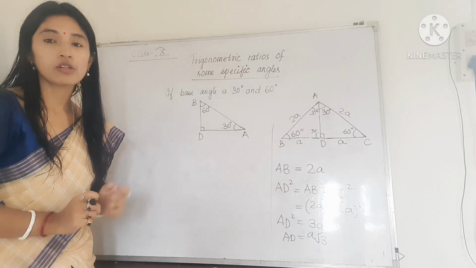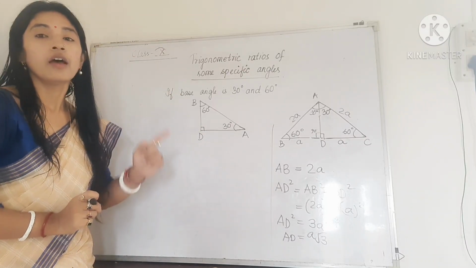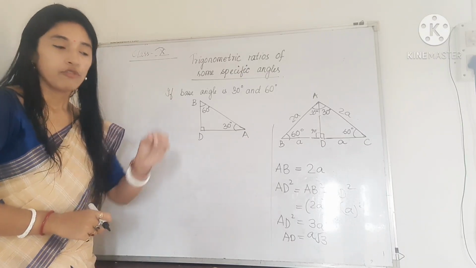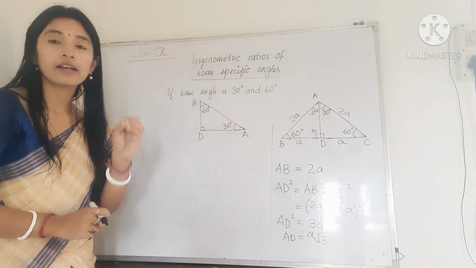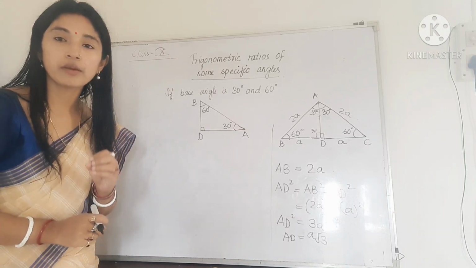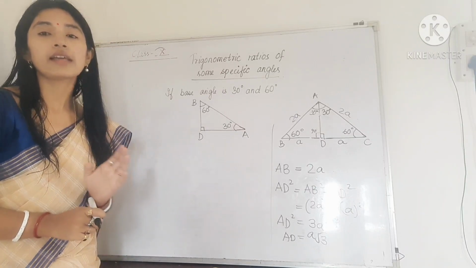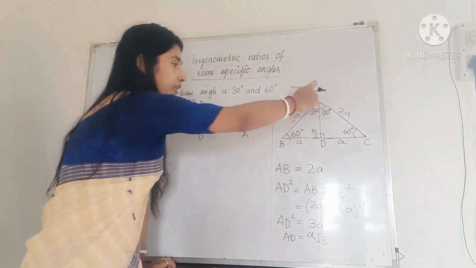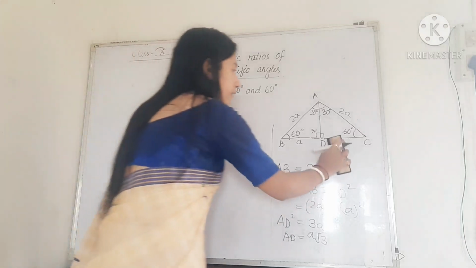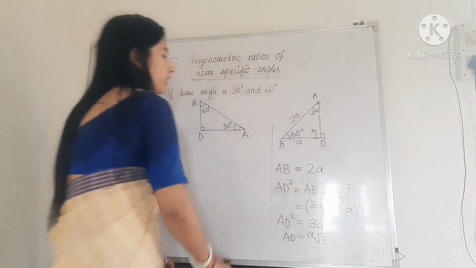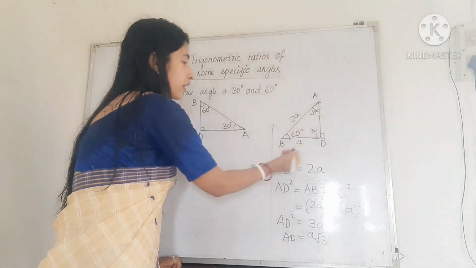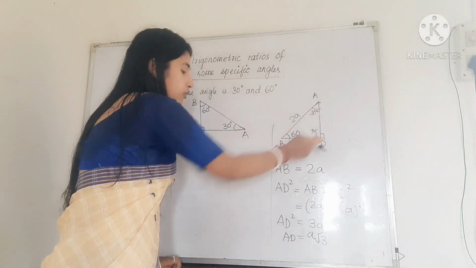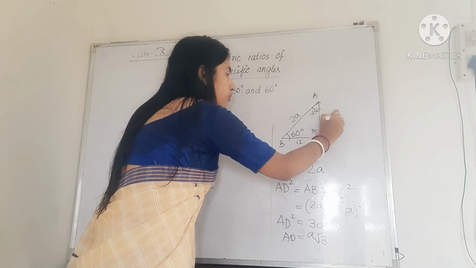In the last lecture I also discussed that if we are finding any trigonometric ratio for a specific angle, then that specific angle should be in the base, then you can easily calculate the value of the trigonometric ratio. Just see triangle ABD, no need to see the next one. The base is BD, so length is A, this one is 2A, and the length of AD we already got is A root 3.